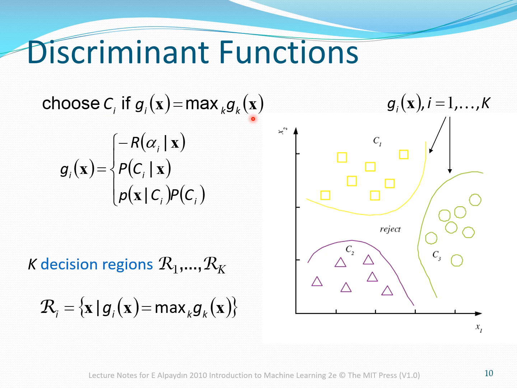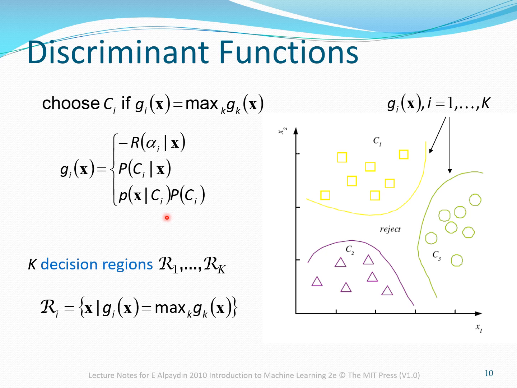We can represent the Bayes classifier in this way by setting g_i of x equals minus R of alpha_i given x, or P of C_i given x, or P of x given C_i multiplied by P of C_i. And the maximum discriminant function corresponds to the minimum conditional risk when we use the 0-1 loss function.